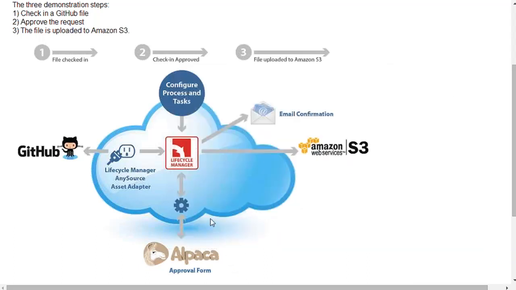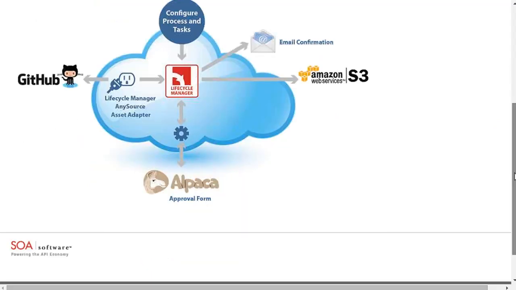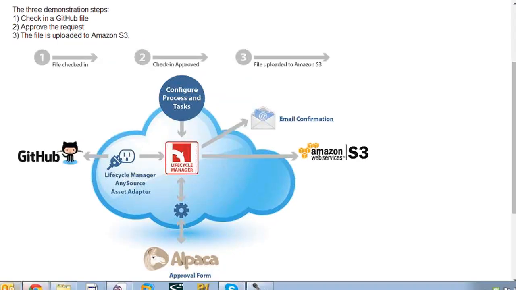And then once we approve it, assuming we do approve it, then Lifecycle Manager will actually modify the file and push it out to Amazon S3, the bucket that we set up, and all on the way getting email notifications and confirmations.